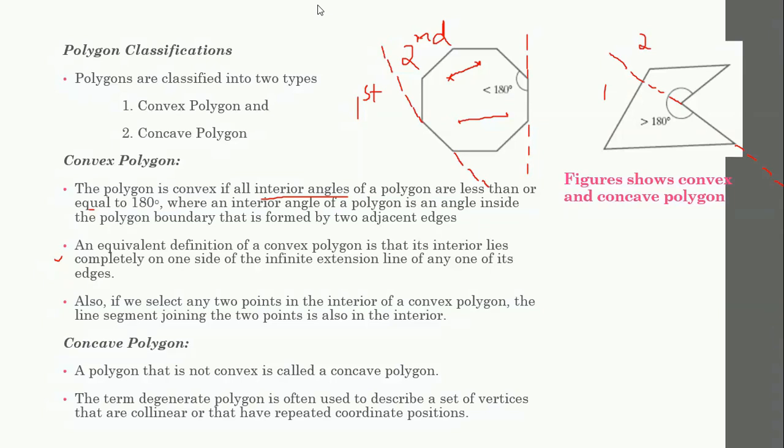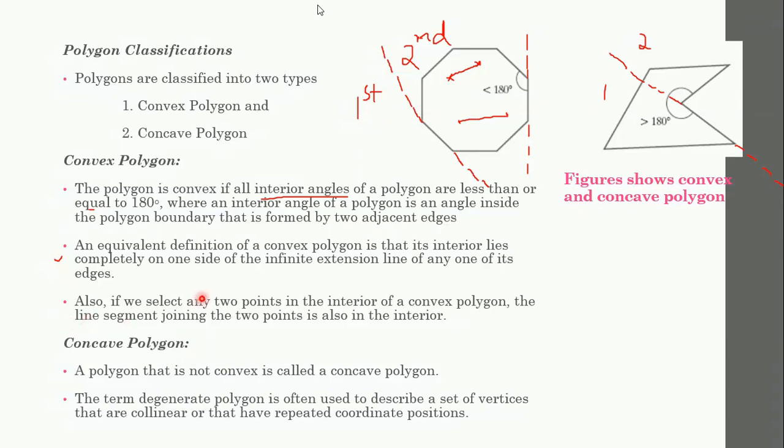It splits the polygon into exactly two regions. One polygon lies on the first side and the other polygon lies on the second side. So this second condition also fails for the concave polygon.